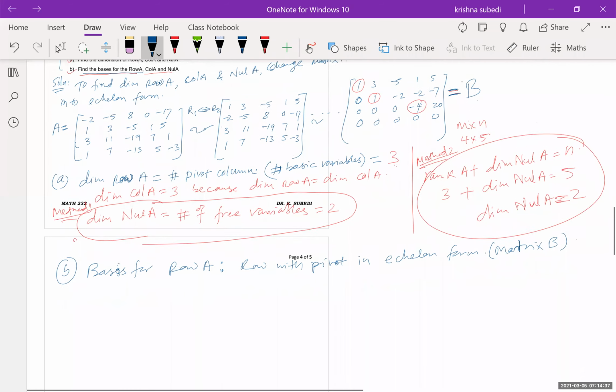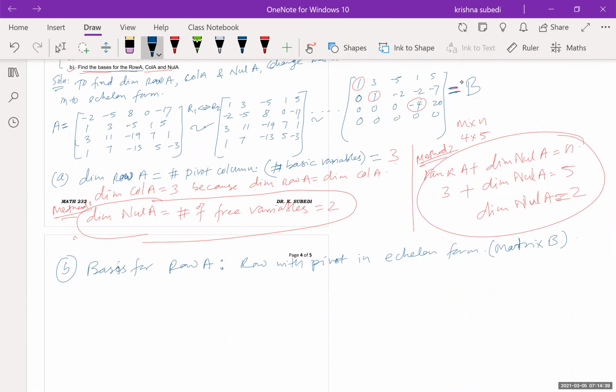So the basis for the row space of A equals the rows with pivot: the first row, second row and third row.